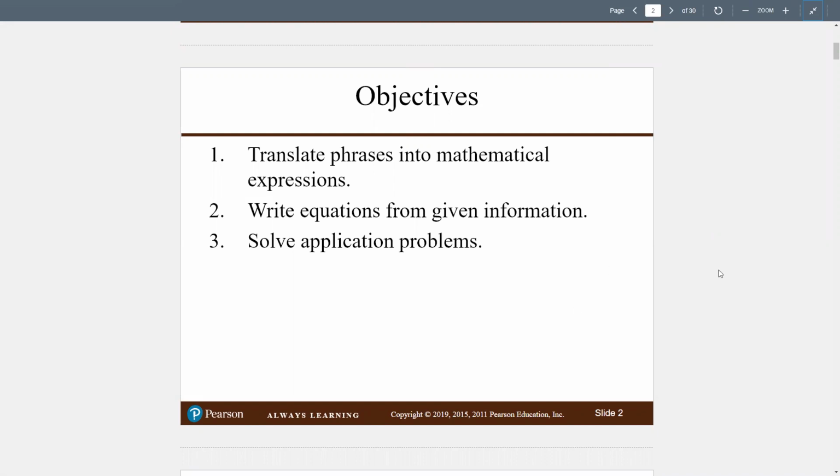Okay, so our objectives right now are going to be translating phrases into mathematical expressions, writing equations from given information, and solving application problems. I will let you know that once we go into chapter 5, pretty much the majority of our questions in this course will be applied.